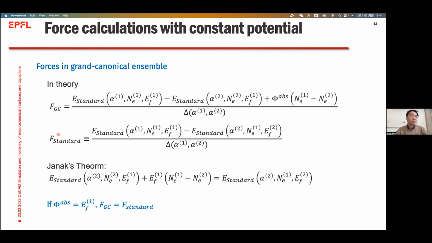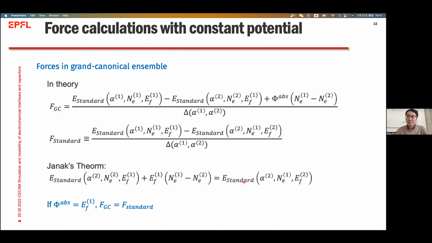And thanks to the Jennings theorem and the definition of the standard DFT force, we can see that the second term and the third term in the grand canonical force are the left-hand side of the Jennings theorem, and the last term is the right-hand side of this equation.